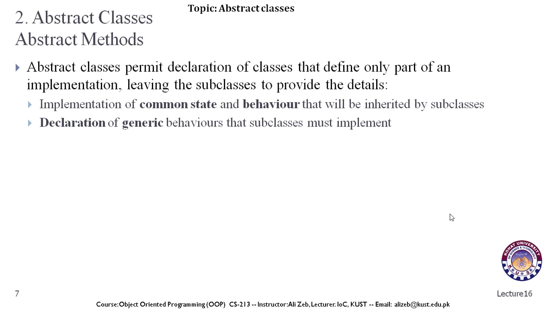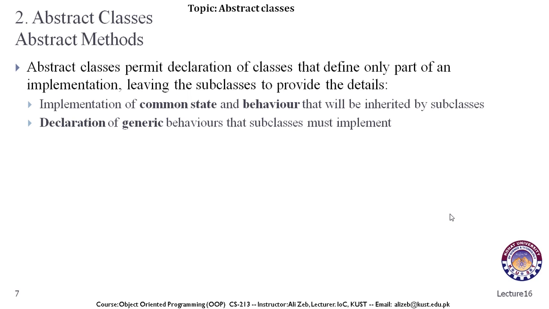Now whenever we extend that superclass into a subclass, that subclass will always be required to implement the abstract method so that it has the same behavior as other subclasses of this class.